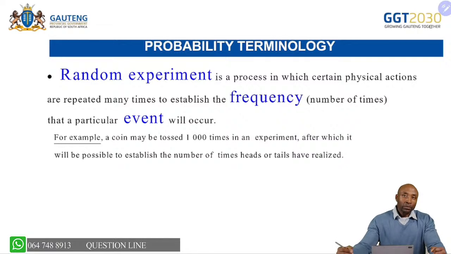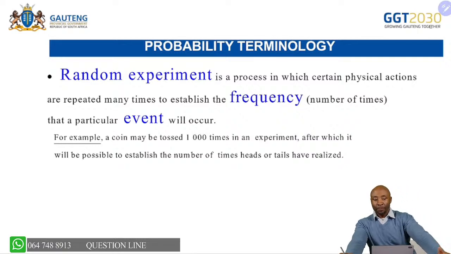For example, tossing a coin is a random experiment. Rolling a dice is a random experiment. If you are working with a spinner, with different colors or numbers, you want it to land somewhere, that becomes a random experiment because you cannot predict beforehand what the outcome will be.